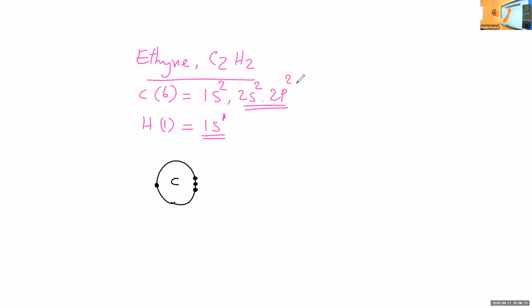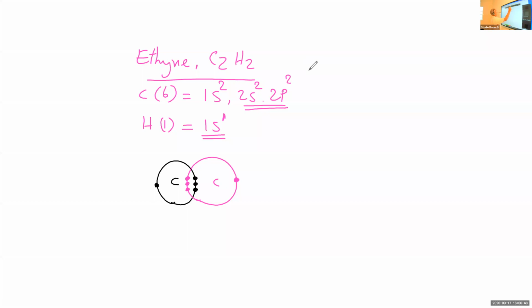Similarly, you take the second carbon atom, and here also there are 4 electrons, and 3 are used for the triple bond formation, and 1 is used for single bond formation. So there will be 3 pairs of electrons between carbon atoms. So there is a triple bond, 3 covalent bonds. That is a triple bond between the carbon atoms.